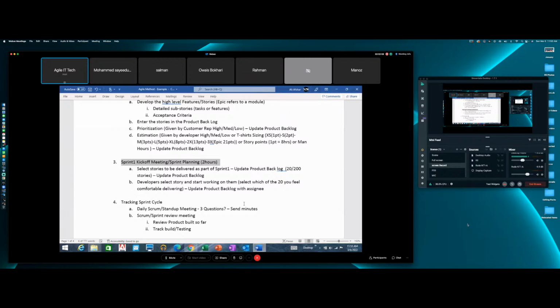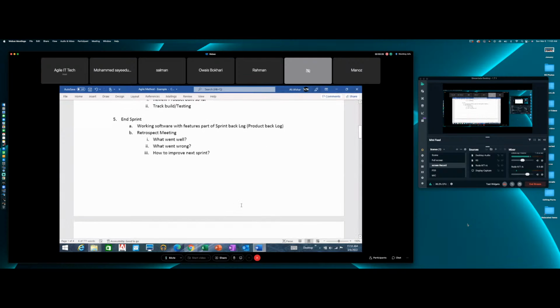So the BAs typically stay one step forward, as well as keep an eye on the current cycle running. Clear? Because you don't want to go to the sprint kickoff and start talking about the estimate and this and that when your stories are not fully vetted out. Everybody clear? Yes. All right.